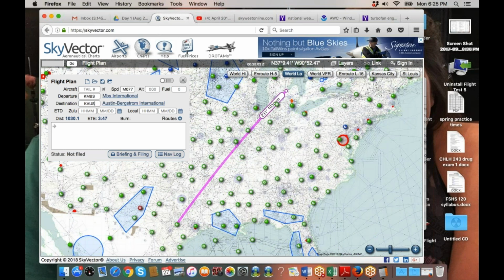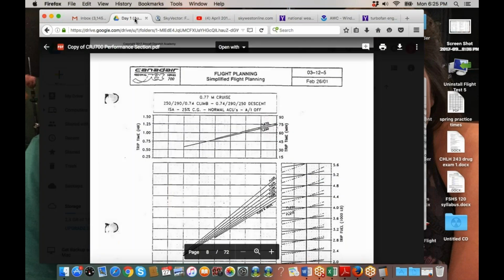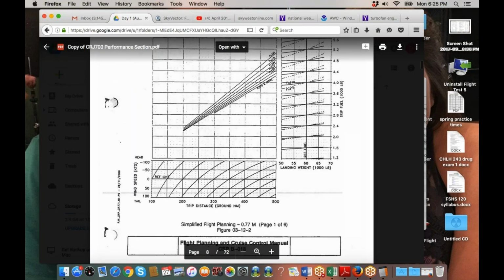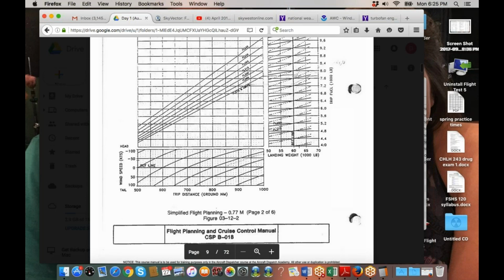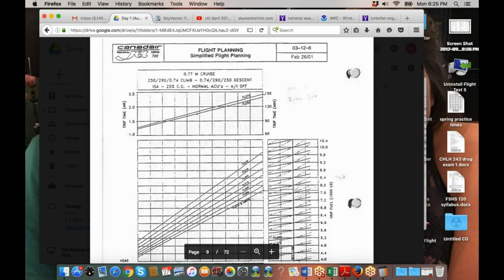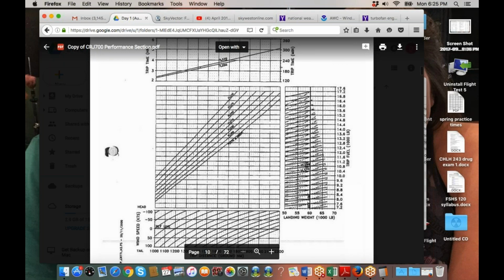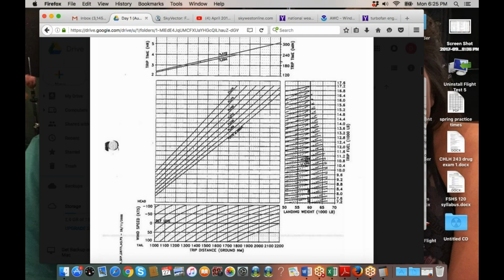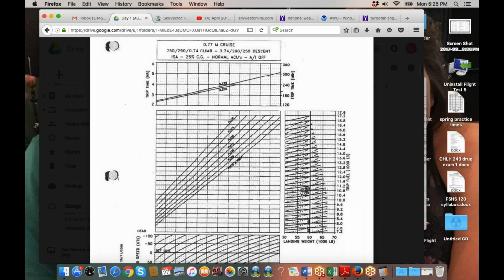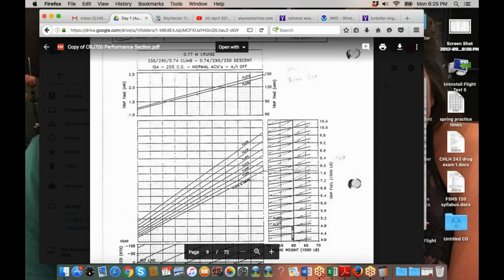All right, so our distance is going to be 1,030. Do we even have that on here? We have it on the next one. We've got it on this one. This one's even more complex, though. Let's find a shorter route then.